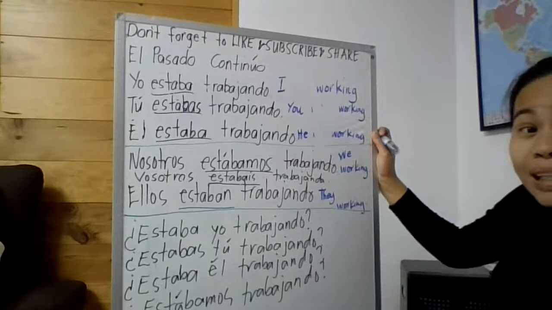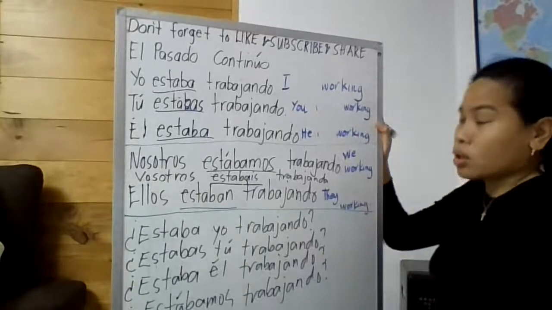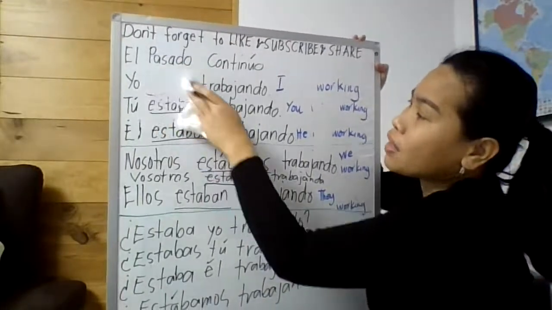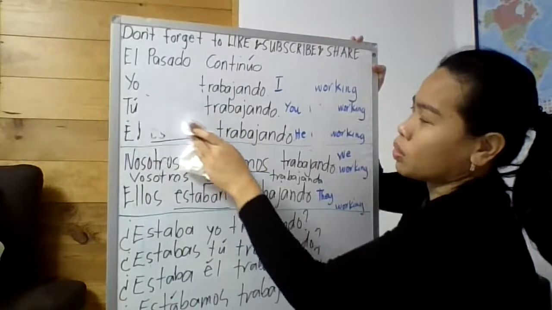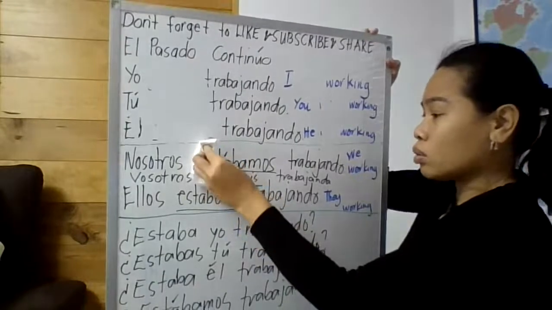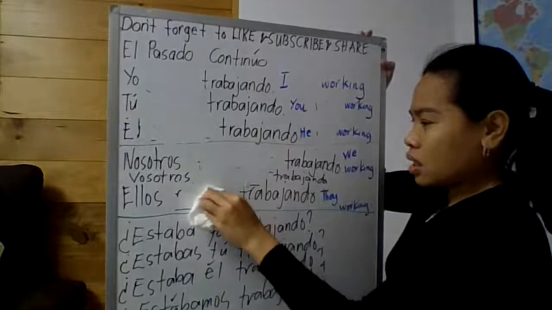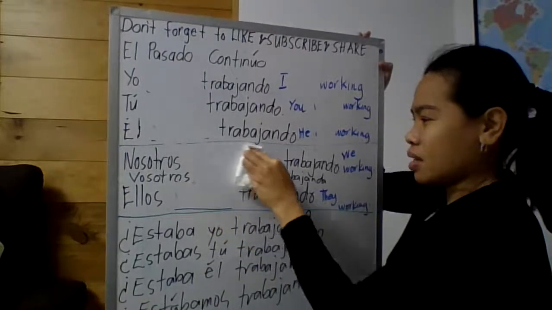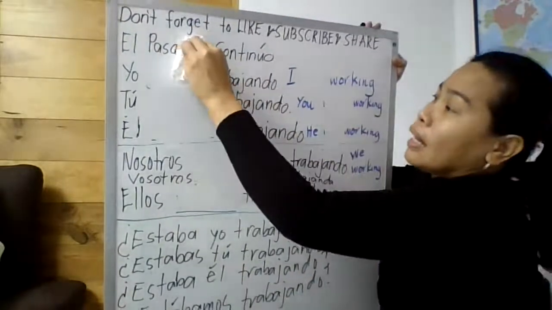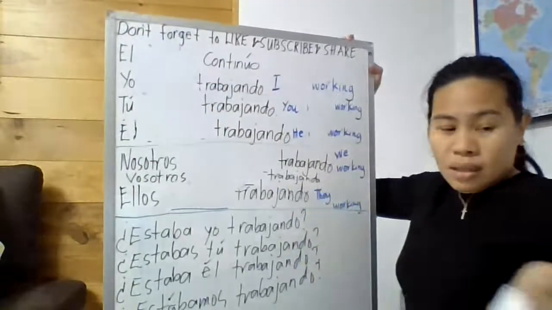So, pag gagawin natin yung present continuous, we are talking at this very moment because we are talking continuous action. In este momento, vale? So, papalitan lang natin yan. Yung ating verb be kasi naka past tense.